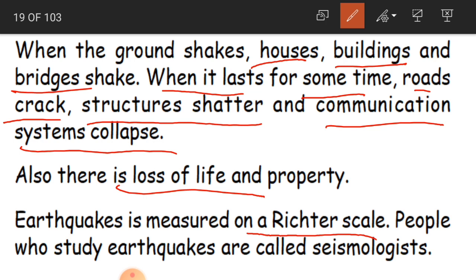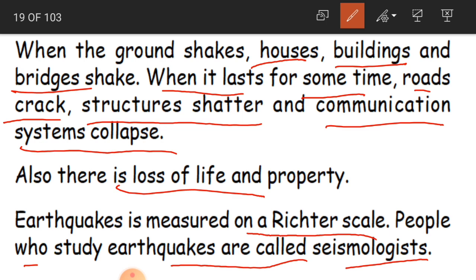Okay children, this earthquake is measured with an instrument called the Richter scale. It is Richter scale, the H is silent here, okay? And people who study earthquakes are called seismologists.